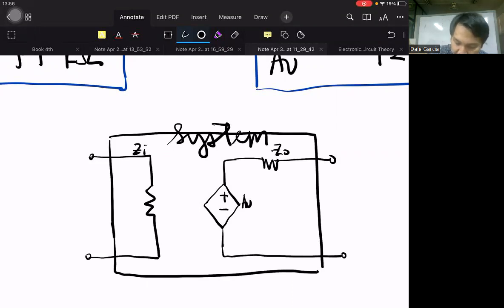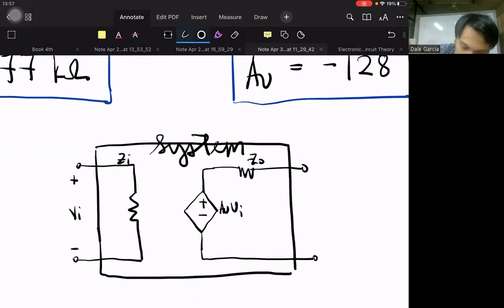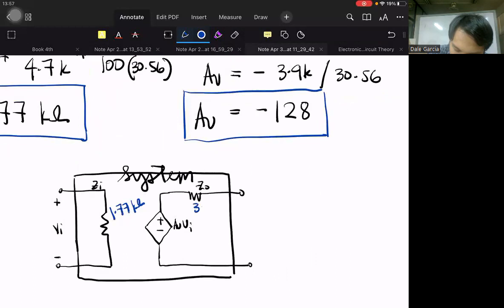ZI is 1.77 kilo ohms, ZO is 3.9 kilo ohms, and our gain is negative 128.